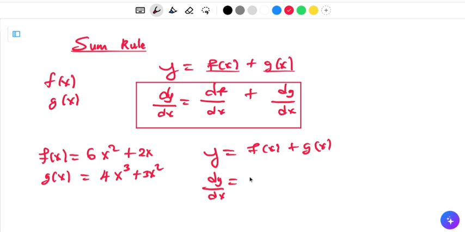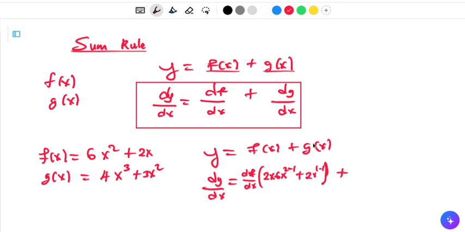We have df/dx: 2 multiplied by 6x to the power 2 minus 1, then plus 2x to the power 1 minus 1. So this is what we have for df/dx.